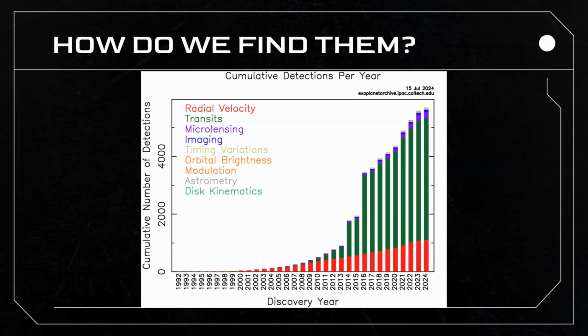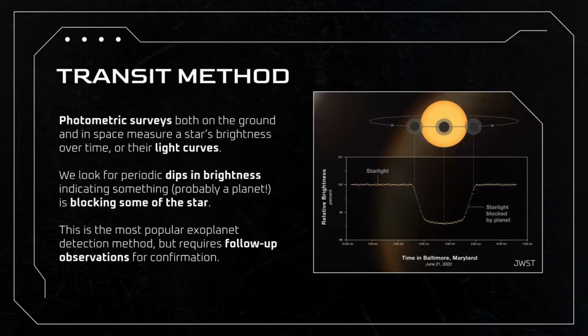You can notice with the rise of radial velocity and transit method techniques, especially transiting surveys going online, space-based surveys such as Kepler and TESS, which are space-based telescopes that are surveying the sky, looking at stars, measuring their brightness over time. So that's the transiting method.